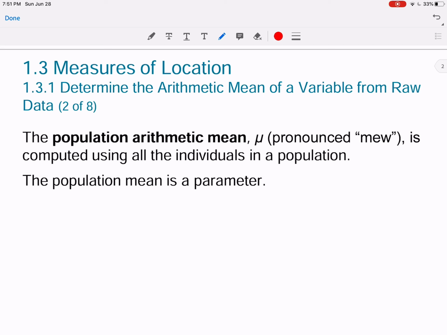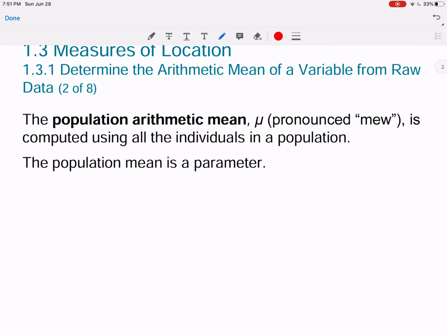First of all, let's take a look at the population mean here. The population arithmetic mean, actually we just call it a population mean, is denoted by mu. It is computed using all the individuals in the population. So basically, if you have a population data set, the mean you get would be called the population mean. And of course, the population mean is a parameter.